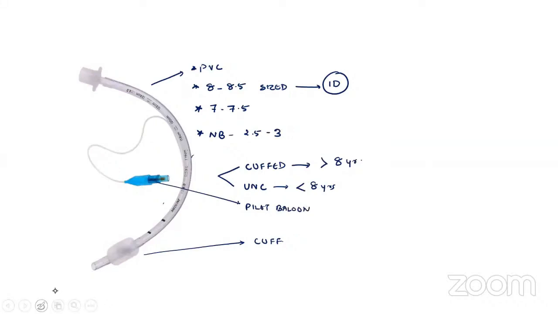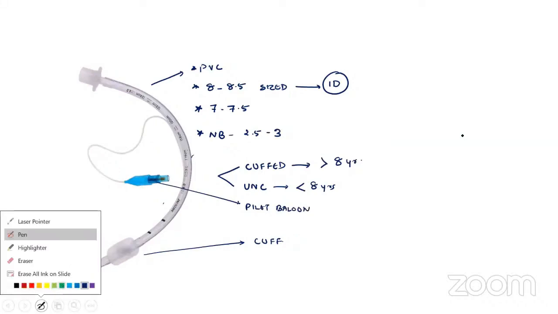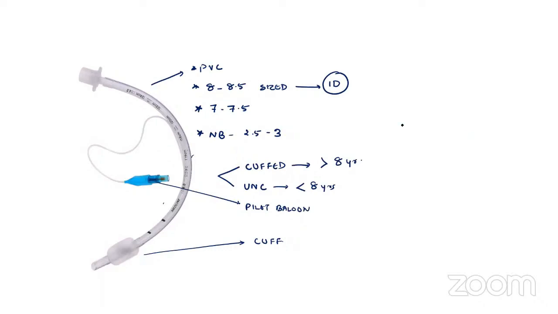A PVC endotracheal tube is a classical example of a definitive airway. It's a very common question. Definitive means an airway which goes beyond the vocal cord and enters into the trachea.